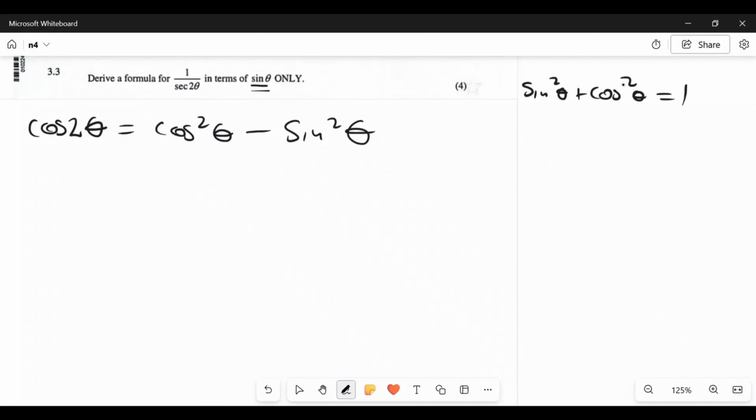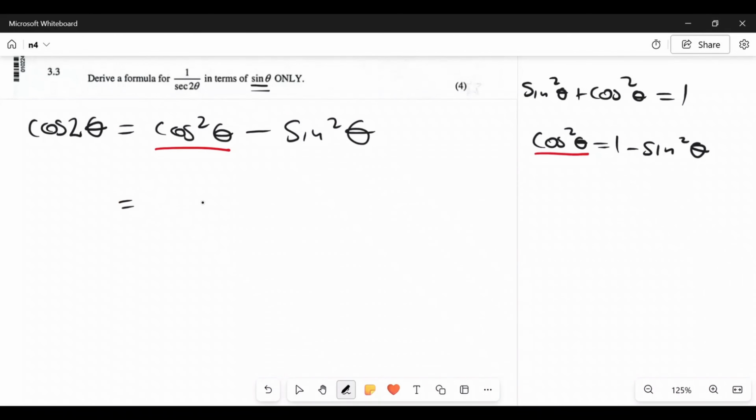And we can make cos squared theta the subject of the formula. If we do that, we have to transpose this sine squared theta to the other side. So we'll have cos squared theta is equal to 1 minus sine squared theta. There we go. So what we're going to do here, we're going to substitute this cos squared theta into that one there. So let's continue.